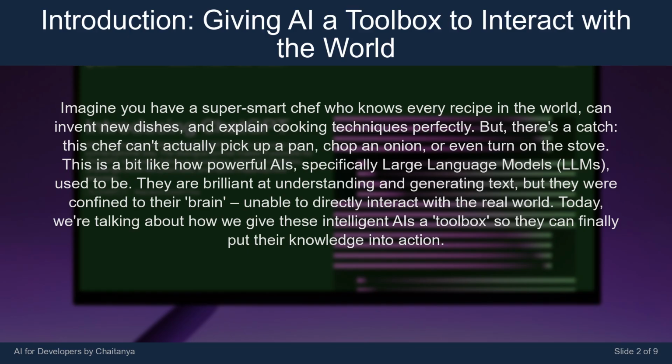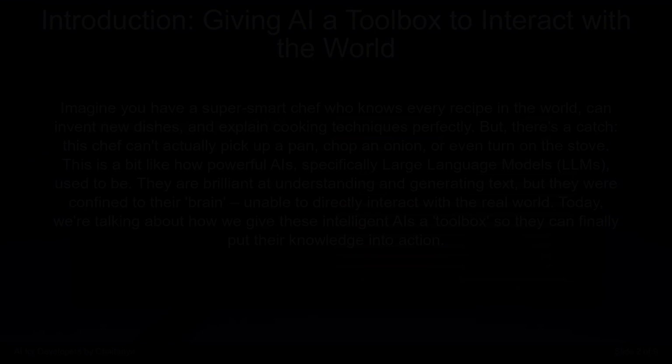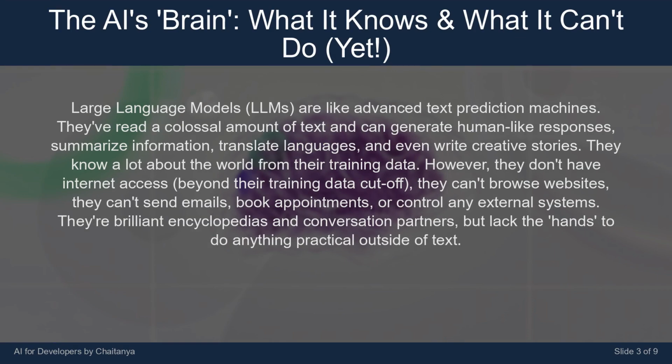Large language models, LLMs, are like advanced text prediction machines. They've read a colossal amount of text and can generate human-like responses, summarize information, translate languages, and even write creative stories. They know a lot about the world from their training data.